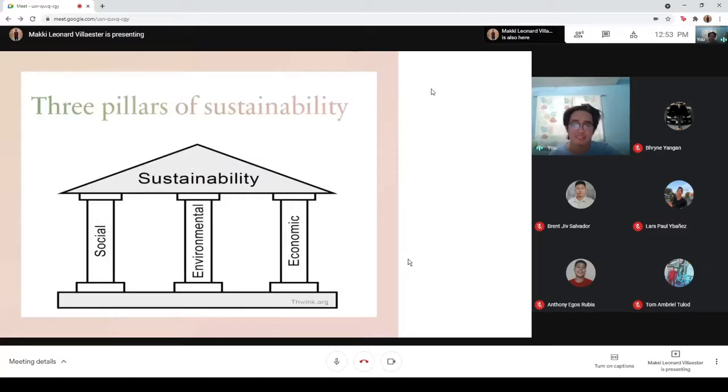So the next is the three pillars of sustainability. So we have the social, environmental, and economic sustainability. So social sustainability aims to preserve social capital by investing and creating services that constitute the framework of our society.